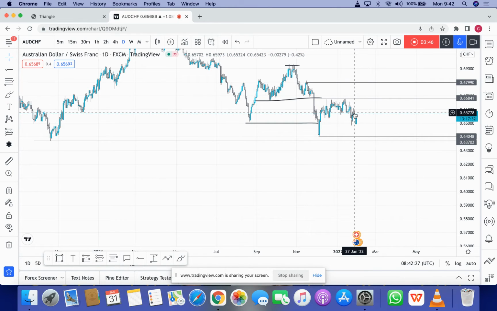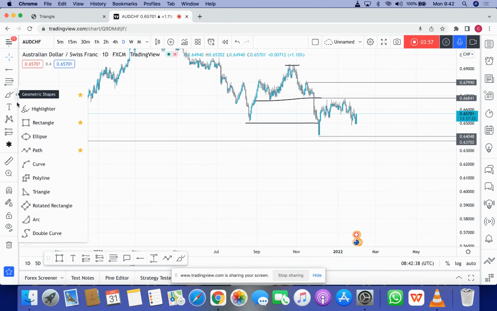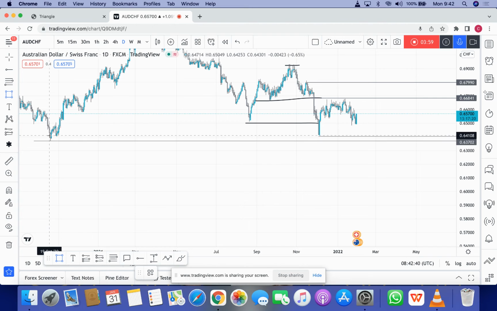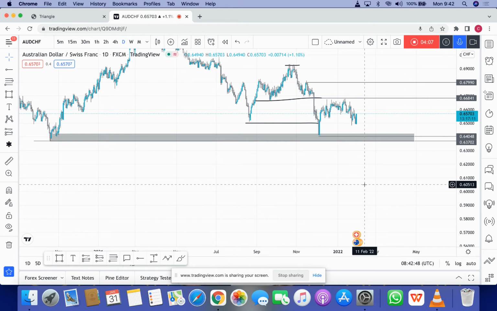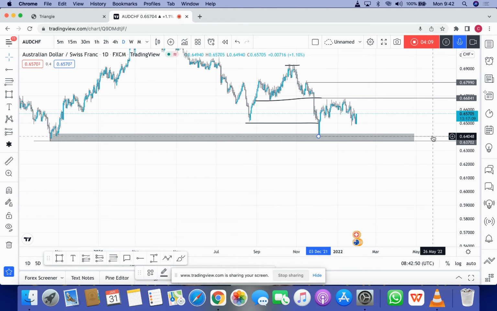So if you are to pick a region, a point of interest or area of value, this would be our region where we intend to see price react to once again.